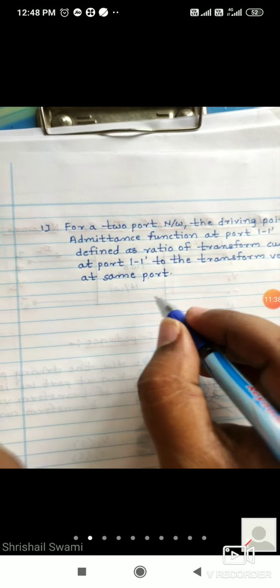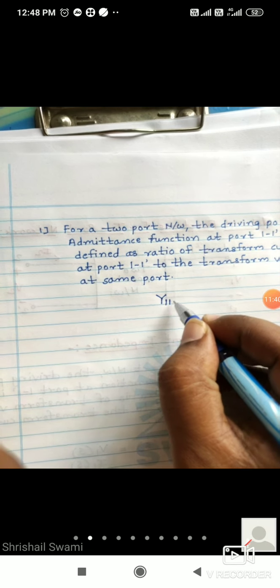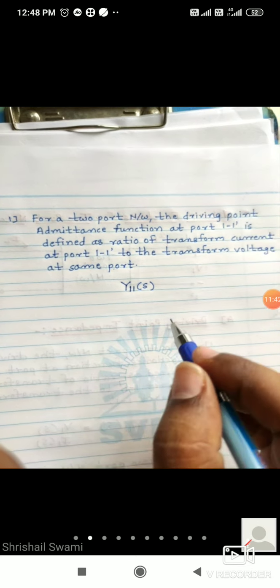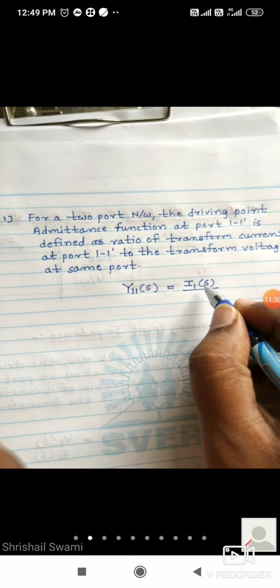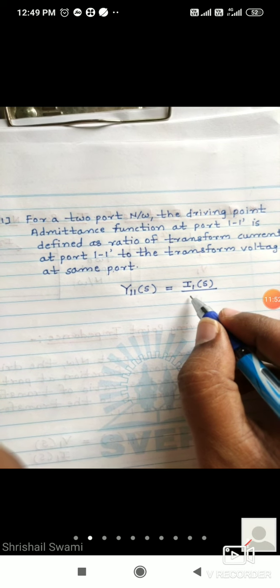So how it is denoted now? Y11 of S. Okay, at input port, that is port 1 dash. Y11 of S is equal to ratio of transform current at port 1 dash to the transform voltage at the same port.